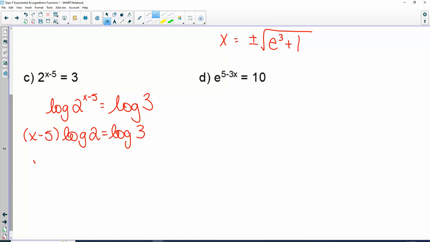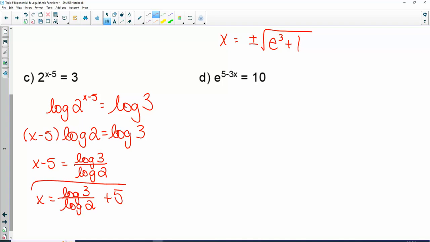Then just add your 5. And you could certainly put this in your calculator and get a decimal, but I'm just going to leave it like this. Simple.